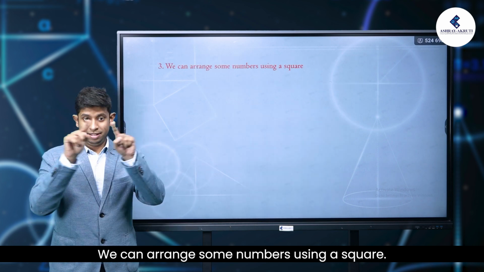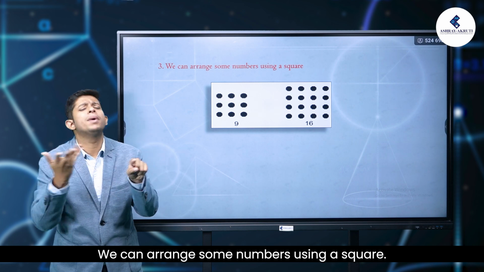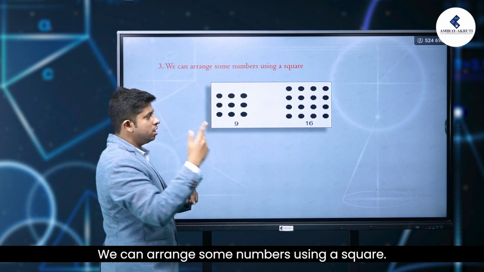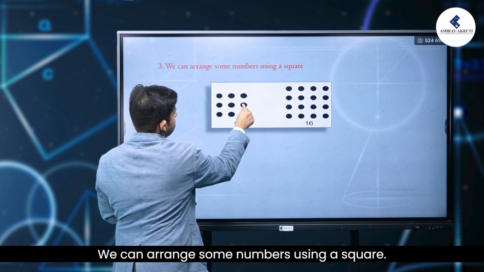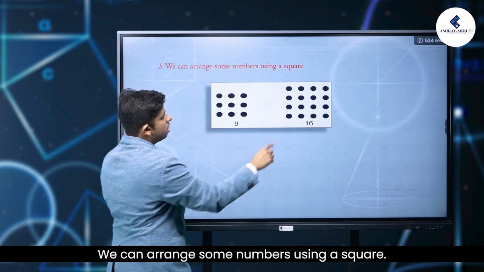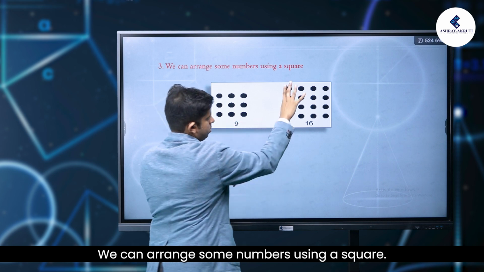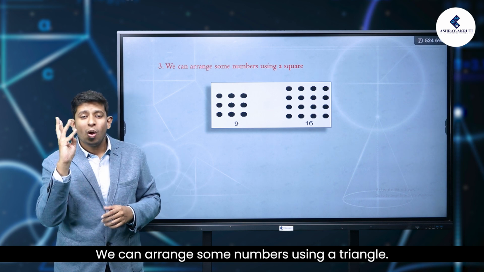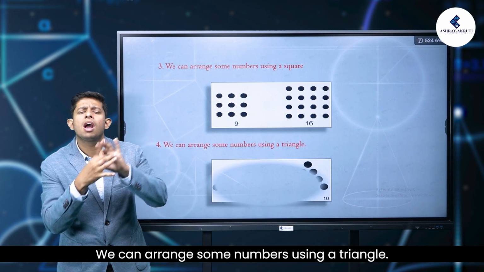We can arrange some numbers using a square. We can arrange some numbers using a triangle.